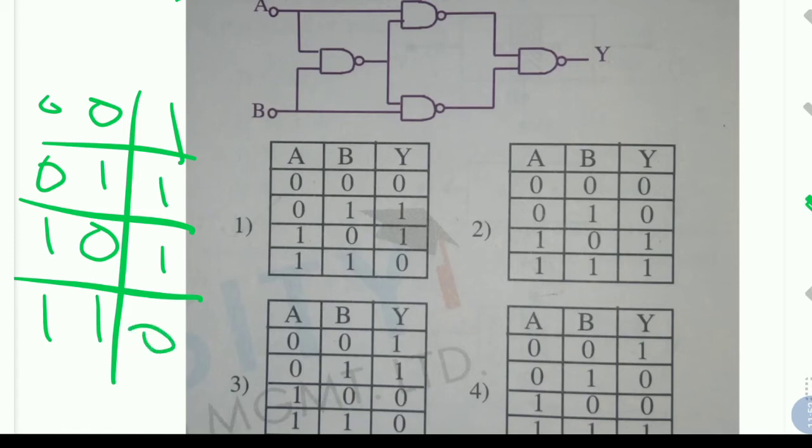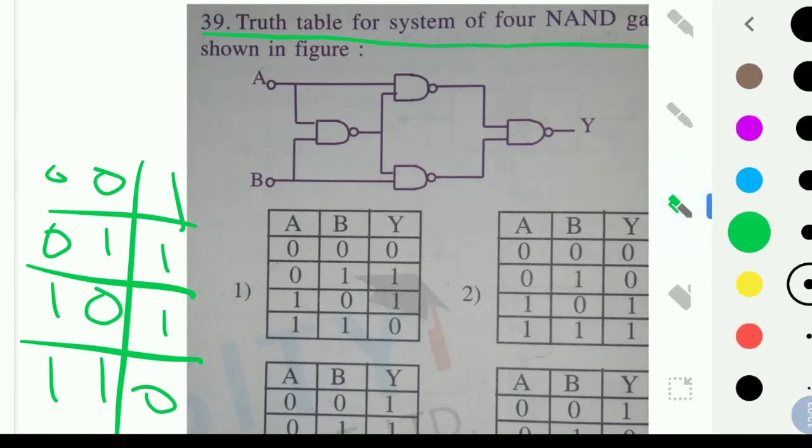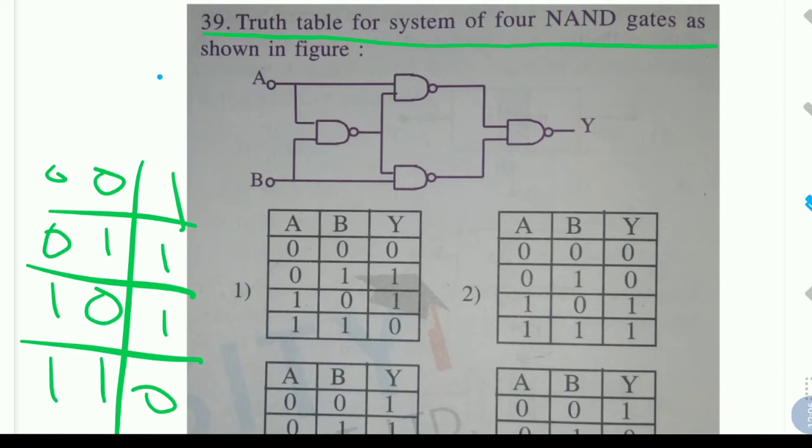This is the NAND gate truth table. So check the answer. First I given 0 0, 0 0.